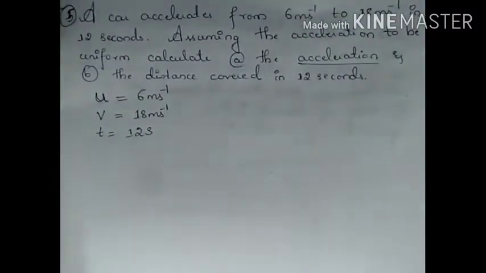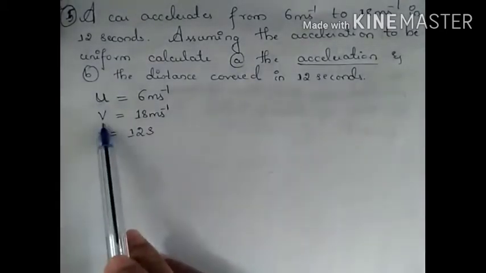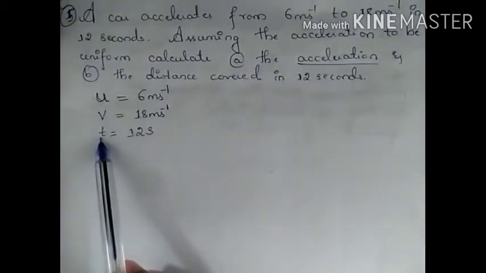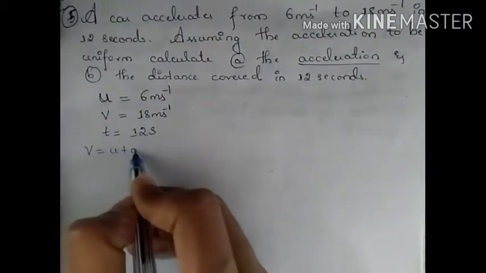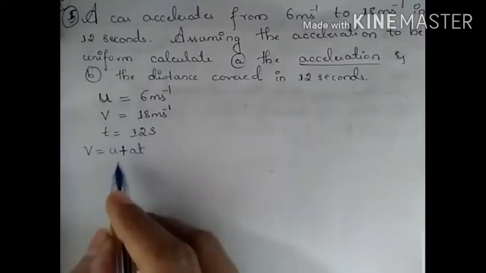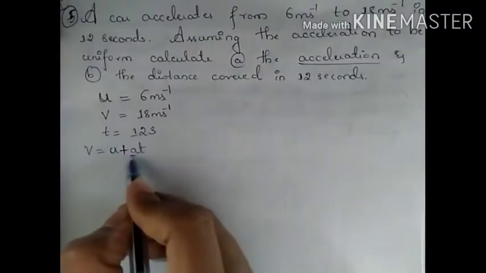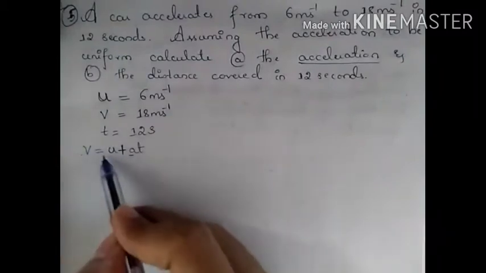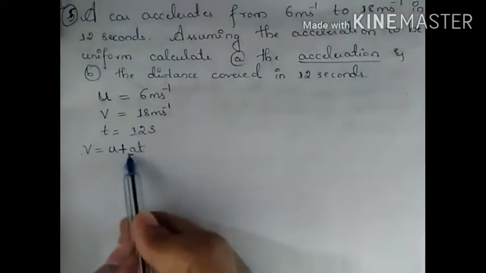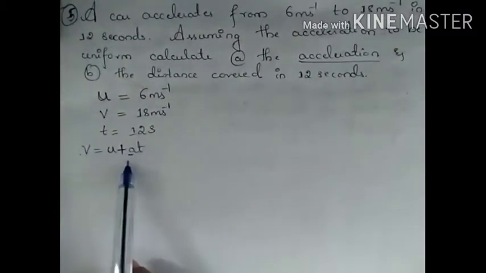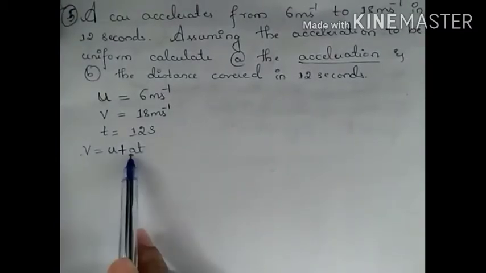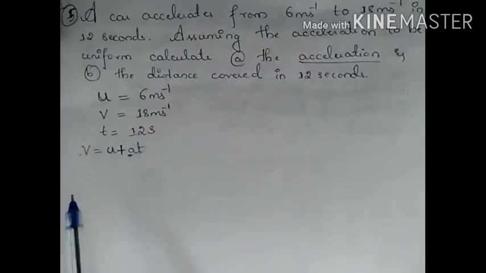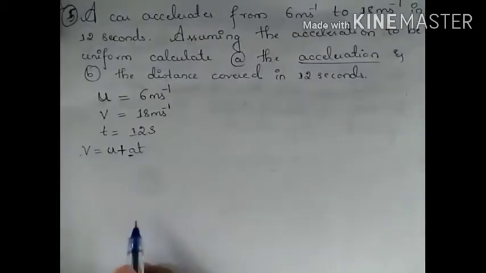So from the kinematic equations, if we see all this data, then we can use v equals u plus at as our equation to calculate the acceleration. So here v is given, u is given and t is given. What is not given is acceleration. So from this kinematic equation, we can find what is the acceleration of the particle or the car in 12 seconds.